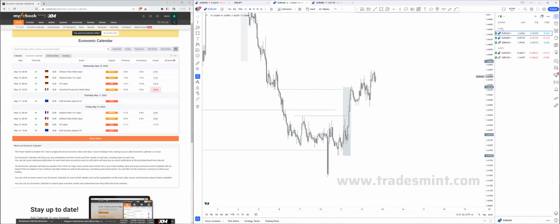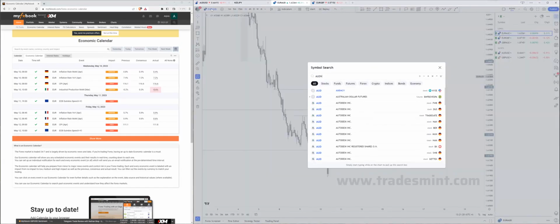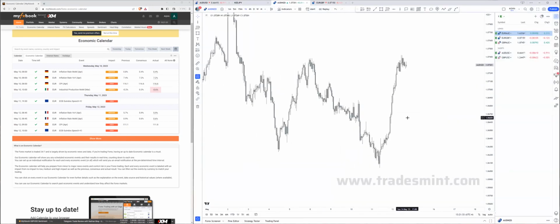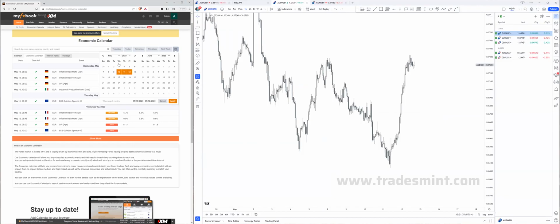Now, let me take a look right here. This is the last example I'll give you, and then I have a few more, and you can check them out for yourself. Australian dollar, New Zealand dollar. We had one on the 8th of May.